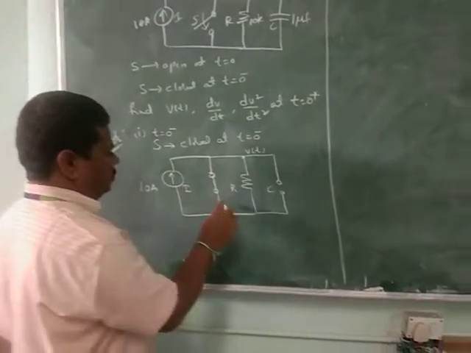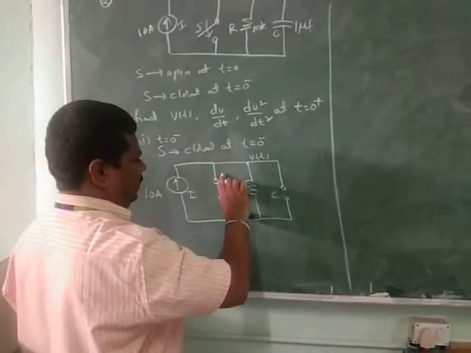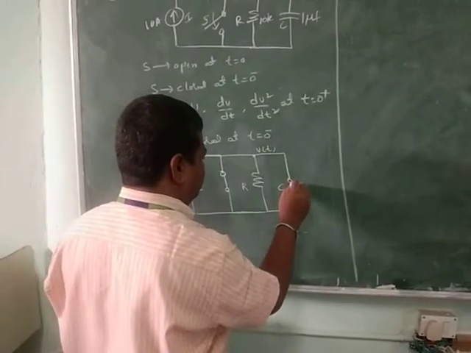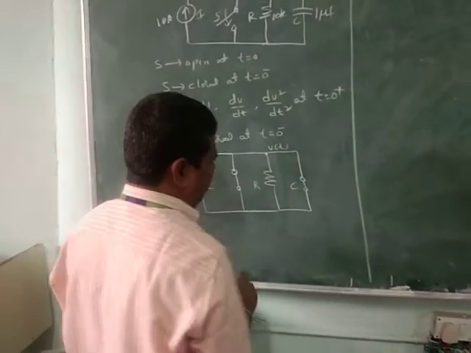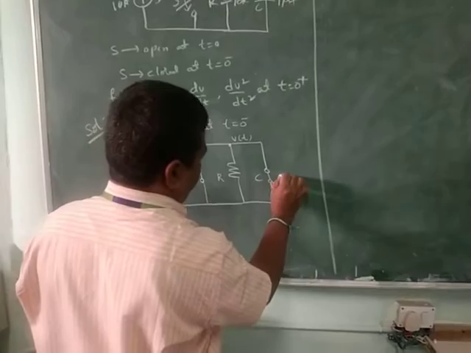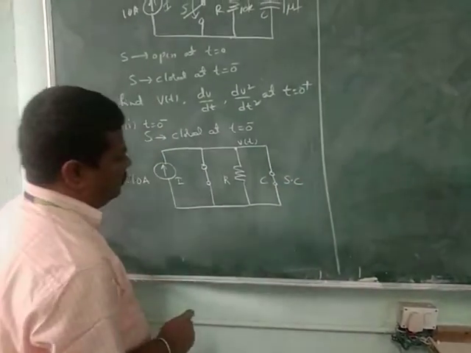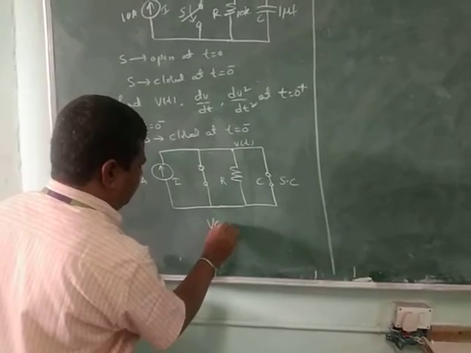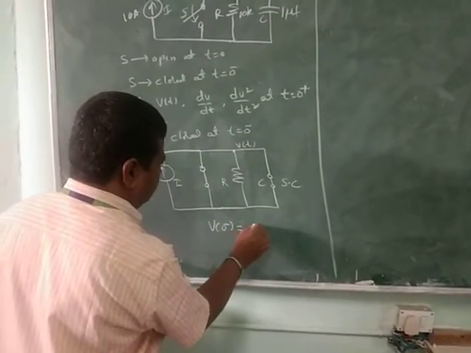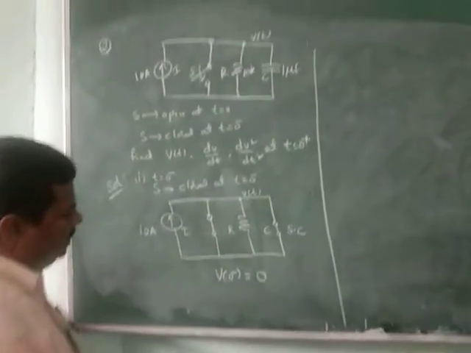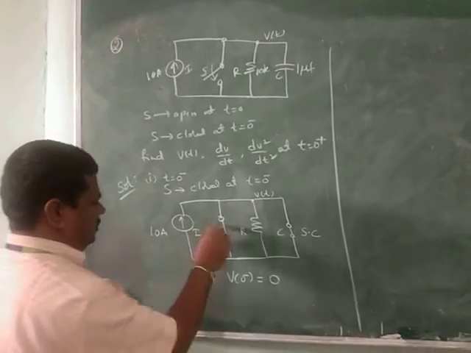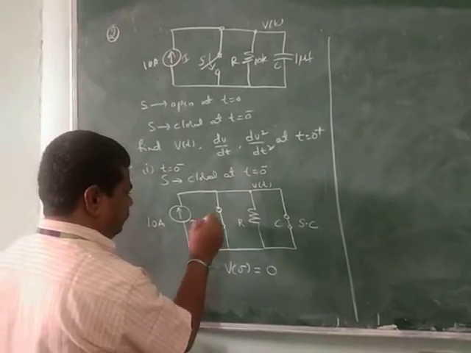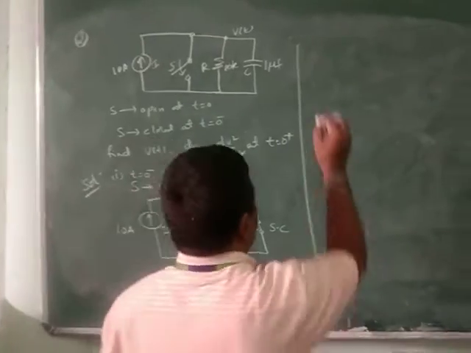Now when S is closed, this is a short circuit. The voltage across a short circuit is 0. In this case, the capacitor acts as a short circuit. The voltage across the capacitor, v(0-), is equal to 0.